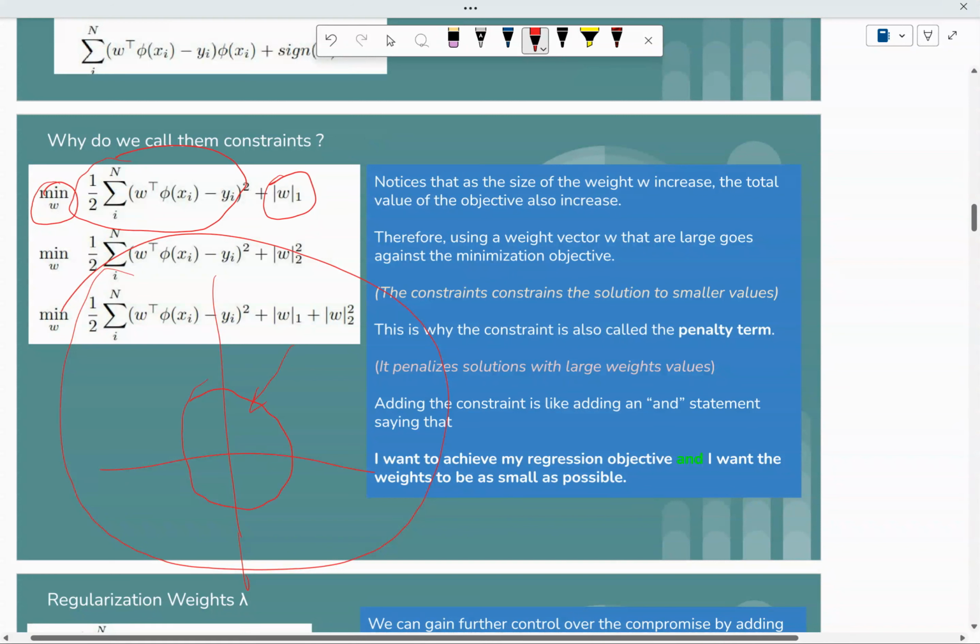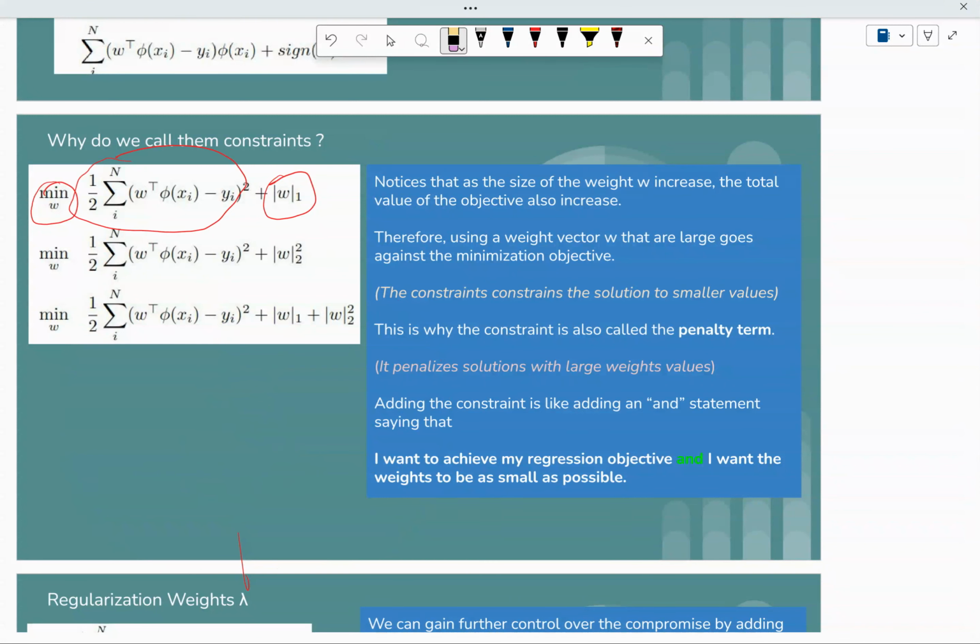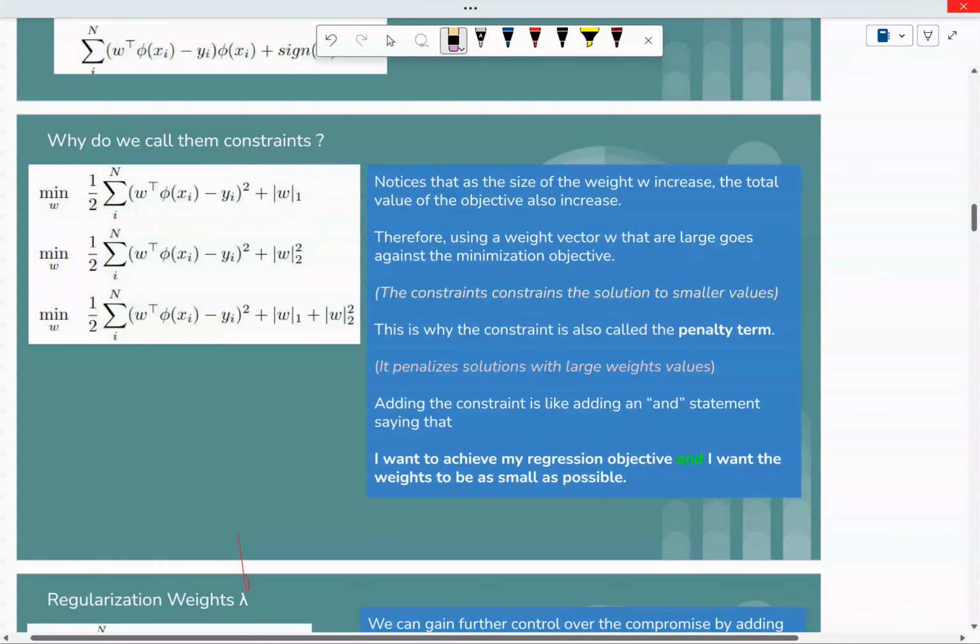Therefore, you're constraining the potential space that you can have to find a solution. Okay, the constraint essentially constrains the solution to smaller value of weights. All right, and sometimes we call this constraint also called the penalty term, because whatever weight you pick here, the larger the weight, the greater the penalty.